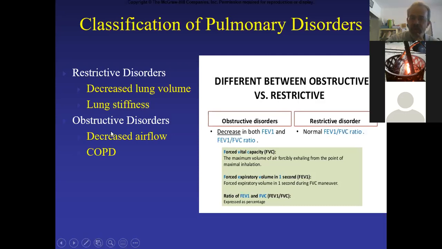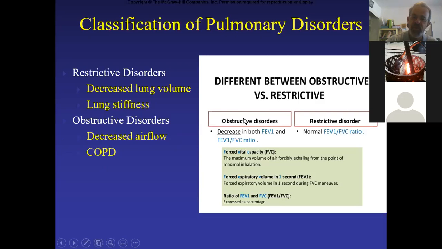We have obstructive disorders, in which there's a decreased airflow. So this is something that's more related to what's going on in the bronchioles, right? This is characteristic of what we call COPD, or chronic obstructive pulmonary disease.